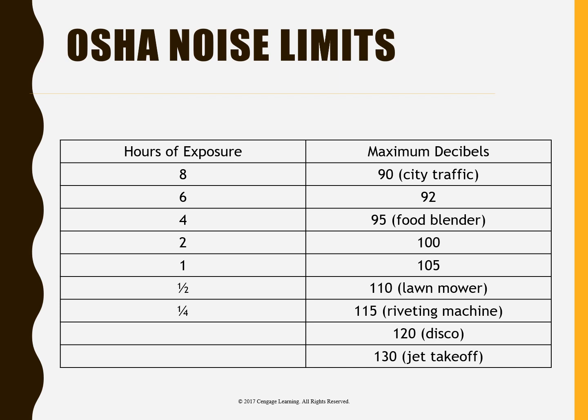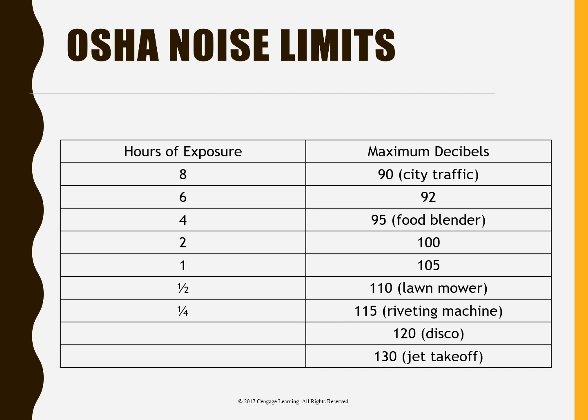This is the OSHA noise limit for some conditions, showing hours of exposure and maximum decibels for certain conditions. Like this one, for 8 hours the maximum is 90 decibels. This is for city traffic.